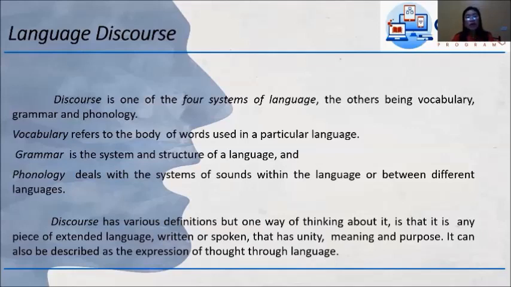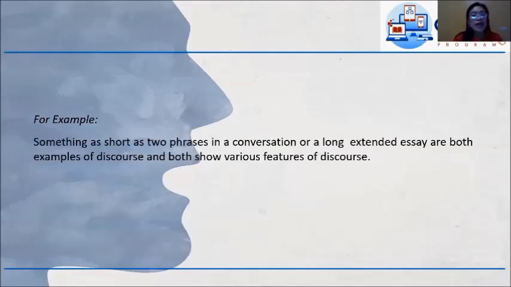So discourse simply means written or spoken communication. For example, something as short as two phrases in a conversation or a long extended essay are both examples of discourse, and both of them show various features of discourse.